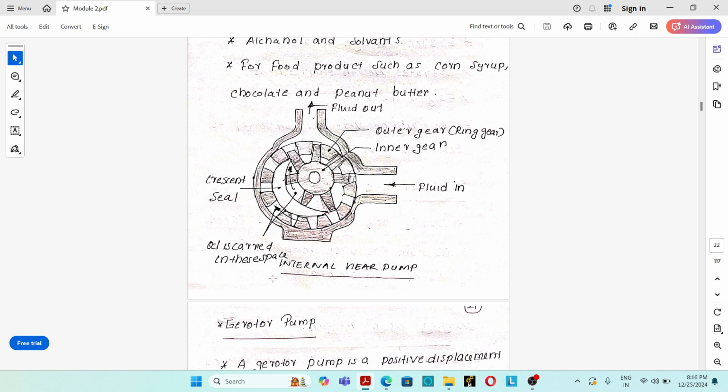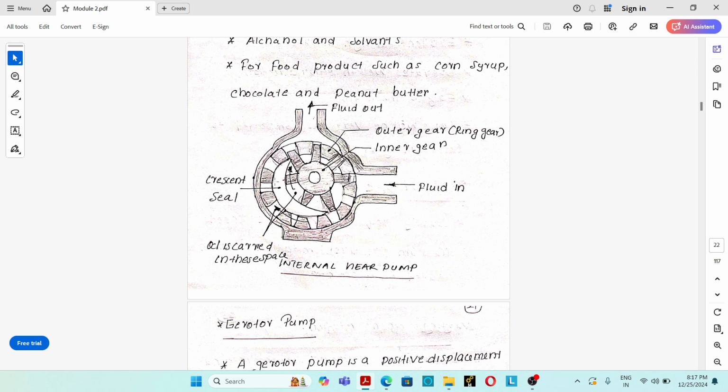Once more, nearby the inlet area, the gear teeth will get disengaged. Unmeshing takes place. Due to unmeshing, a partial vacuum will be created nearby the inlet area. Due to this partial vacuum, hydraulic oil will flow to the inlet area and be trapped between the gear teeth, both internal gear and external gear. It is carried through the space between the gear teeth, on both sides of the crescent seal, to the discharge port.